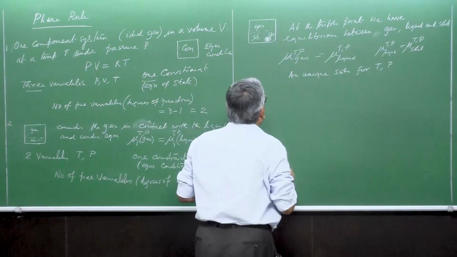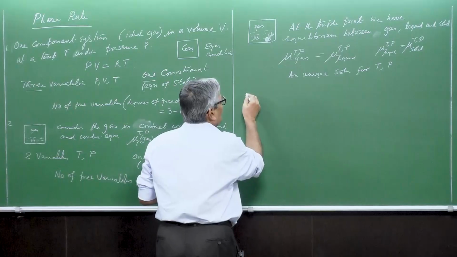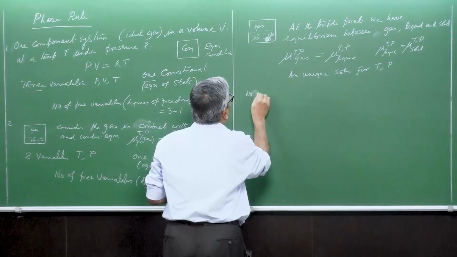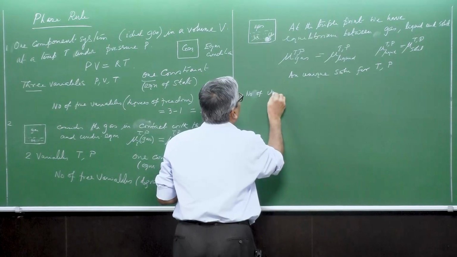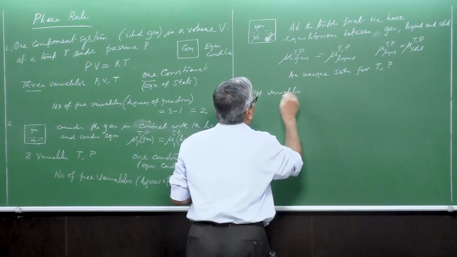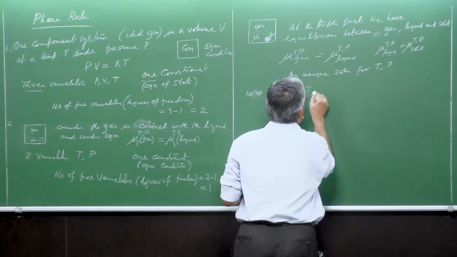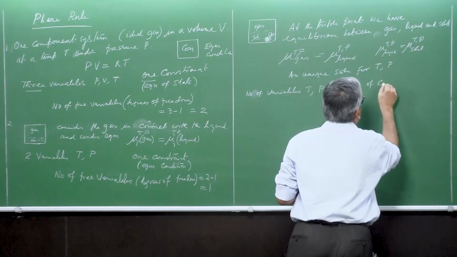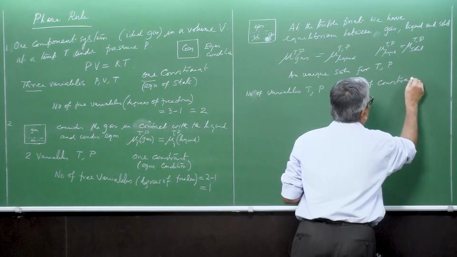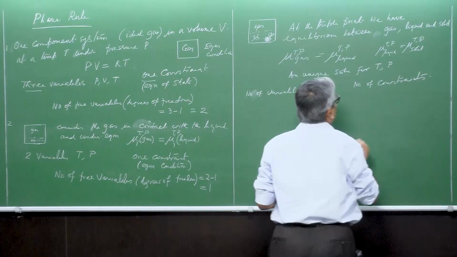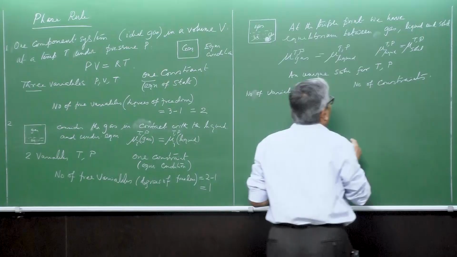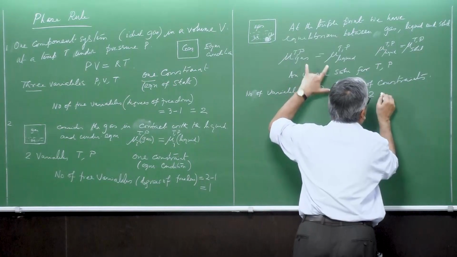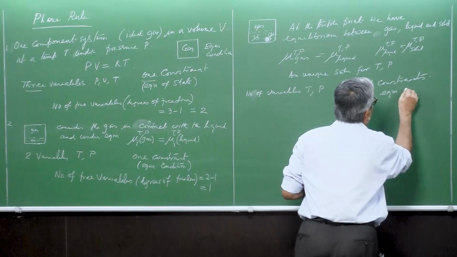So the number of independent variables is T and P, and the number of constraints is these two equilibrium conditions.